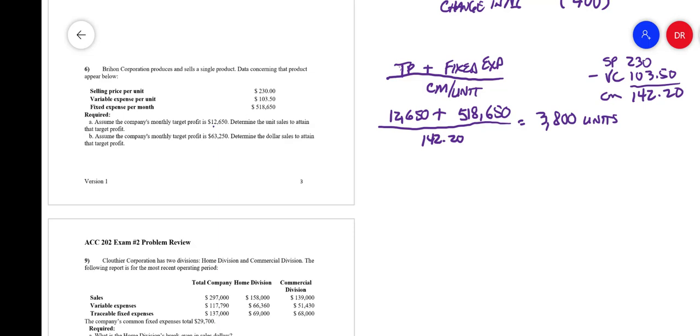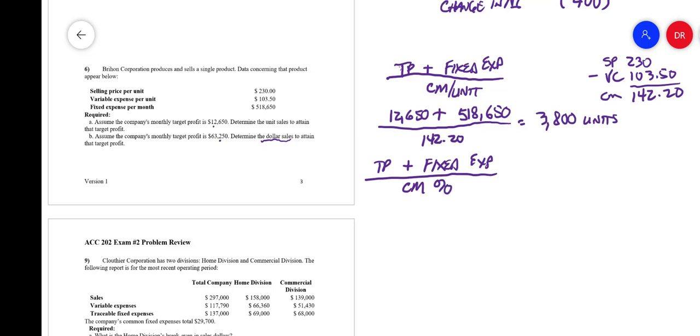Now they ask us, the target profit is now $63,250. Determine the dollar sales to attain that target profit. So in this case, the formula will change slightly. We'll have the target profit plus fixed expenses, and we'll divide all of that by the contribution margin ratio.